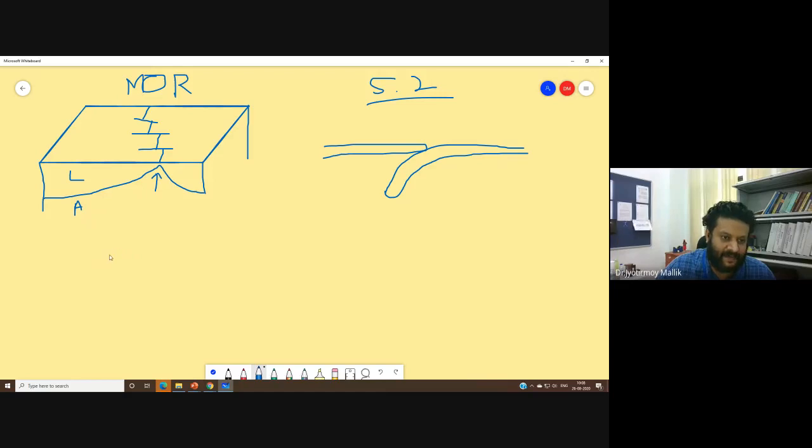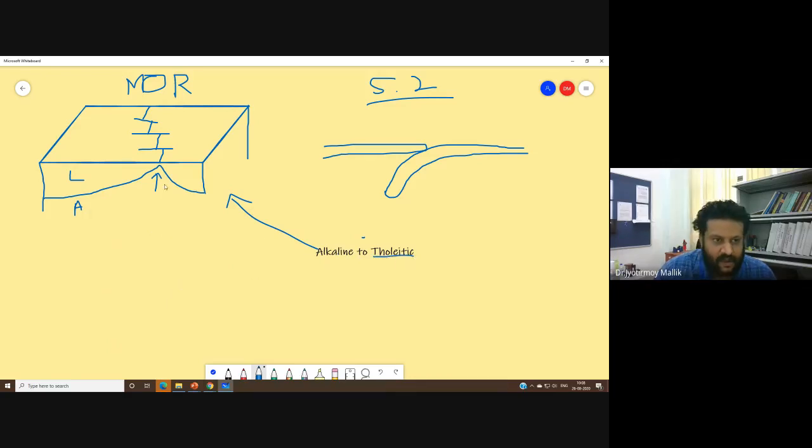So the magma can be alkaline to tholeiitic, okay? This is the magmatism that we observe in case of mid-oceanic ridge, and tholeiitic means it is slightly depleted.